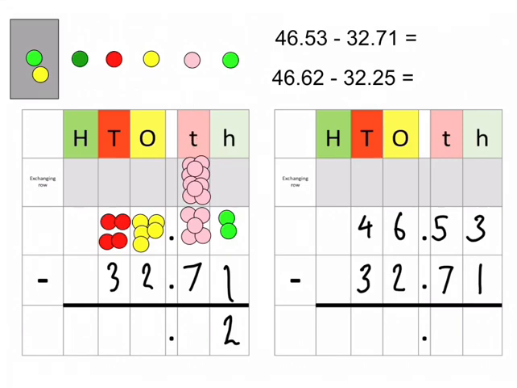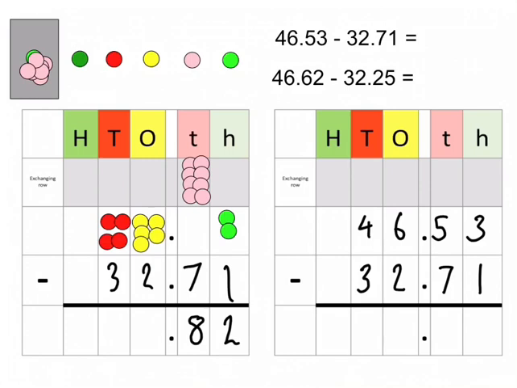I've now got 15 tenths, not just 5 tenths, and I can now take 7 of those away. 1, 2, 3, 4, 5, 6, 7. That leaves me with 8 tenths.